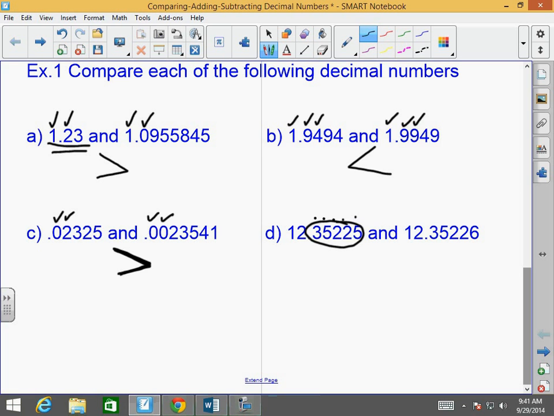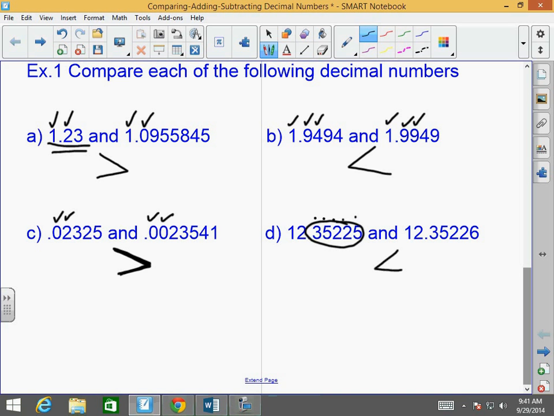Okay. Is less than, good job, 12 and 35,226, no, 100,000ths, guys.